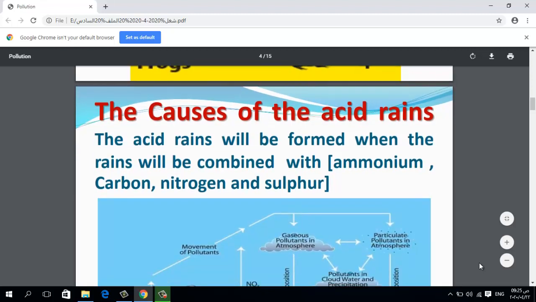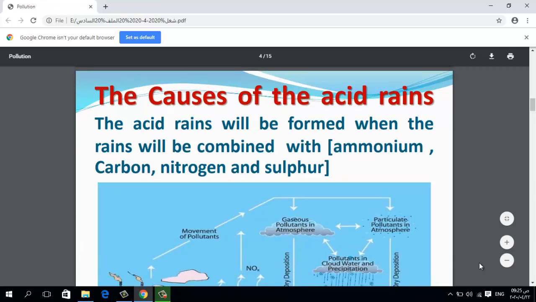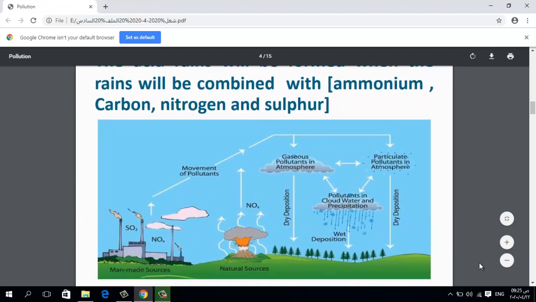Now let us check the causes of acid rain, why we get acid rain. Acid rain is formed when the rain combines with ammonia, carbon, nitrogen, and even sulfur. Check this figure now. You can see that there is SO2 and O2 coming with the smoke of factories.